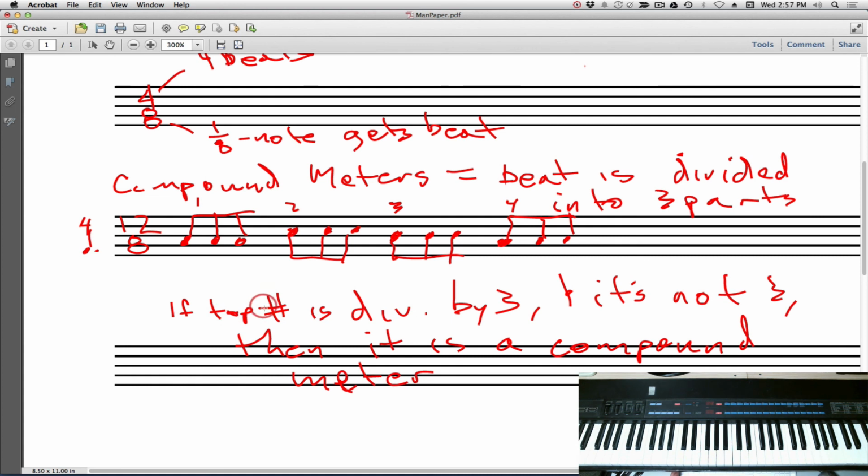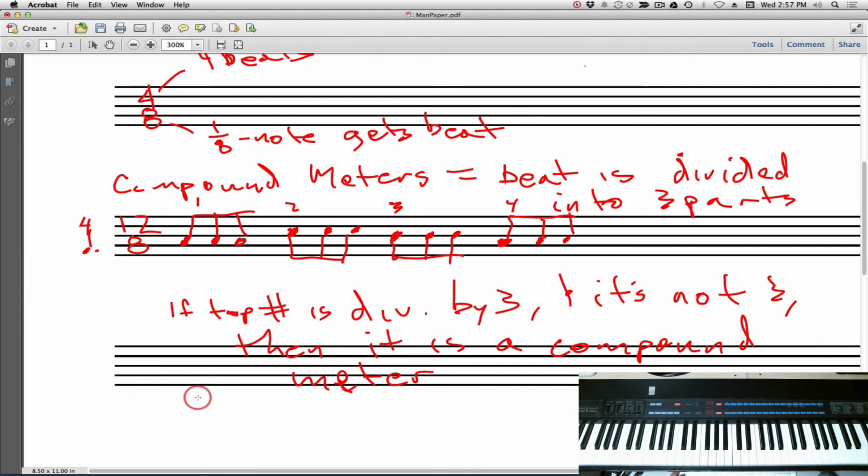Okay, so if the top number is divisible by 3 and it's not 3, like if you had a 3/8 here, then that would just be 3 beats of eighth notes. But the top number is divisible by 3, so 12/8, then it's a compound meter, and that means that the beat is divided into 3 of these lower numbers.